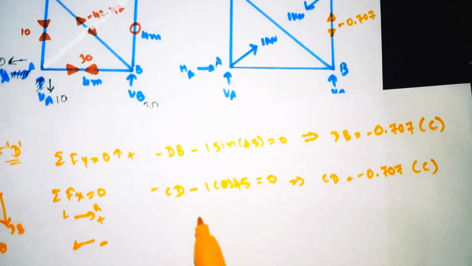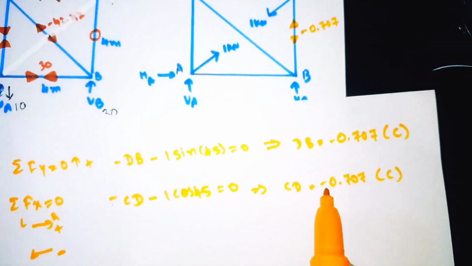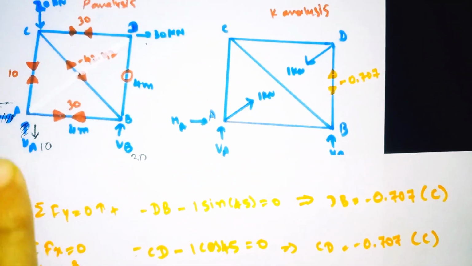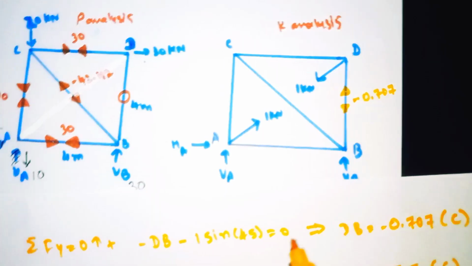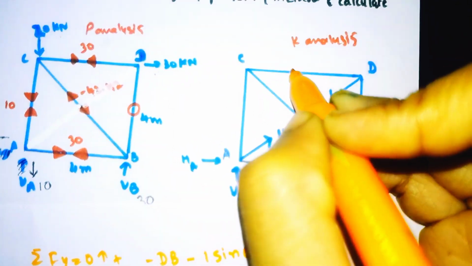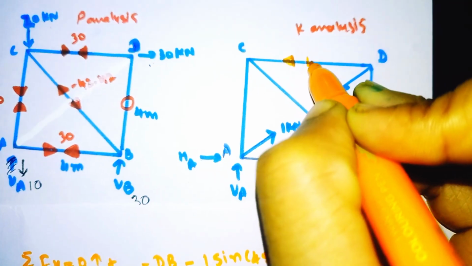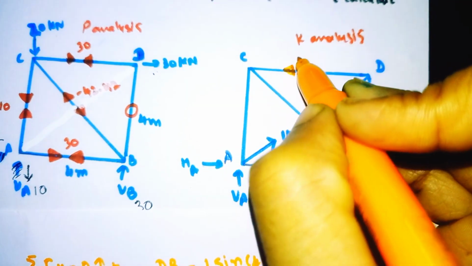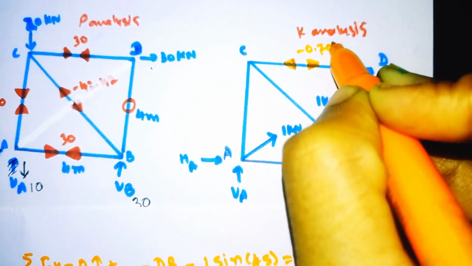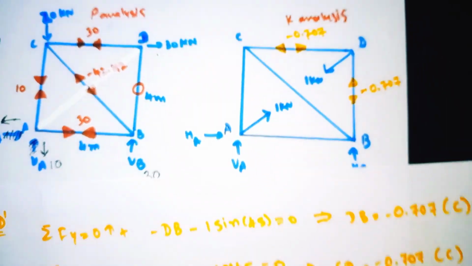And similarly for CD we got minus 0.707. Again it is compression, so forces are moving away from each other. It also has the value minus 0.707 for CD.